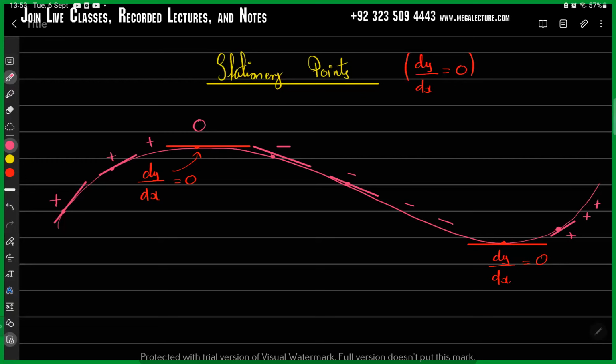If we talk about the maximum point, dy by dx is going from positive to negative. If I talk about dy by dx, this positive, positive, positive, negative, negative, negative, positive, positive, positive is basically for dy by dx. So this trend, positive, negative, and then negative, positive, is coming for dy by dx.